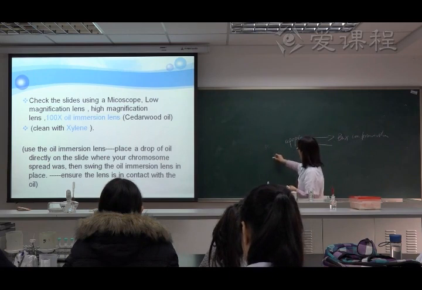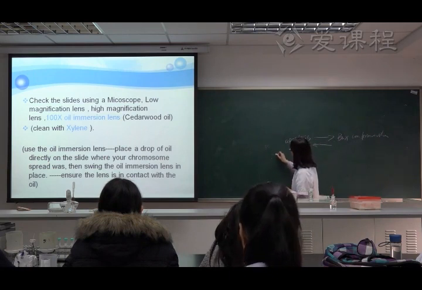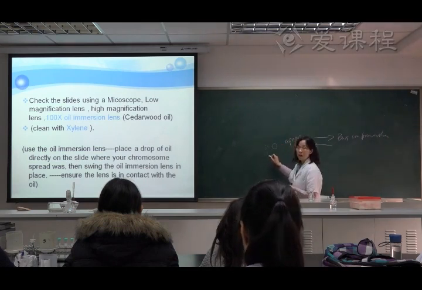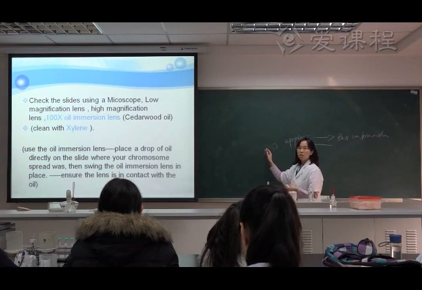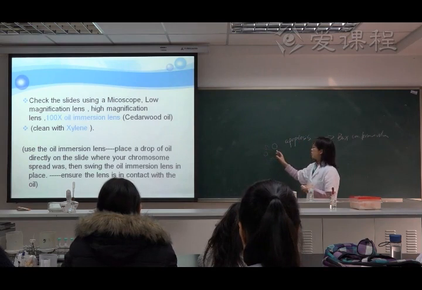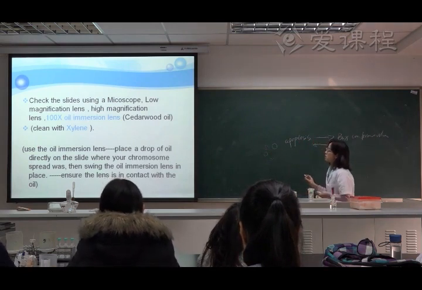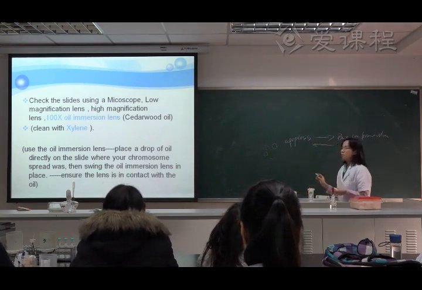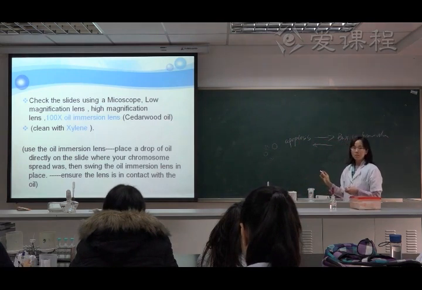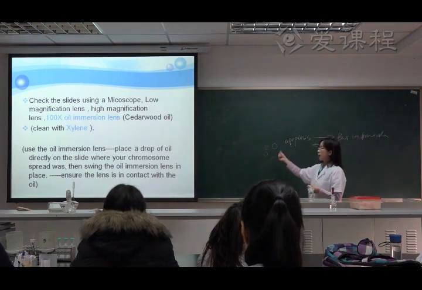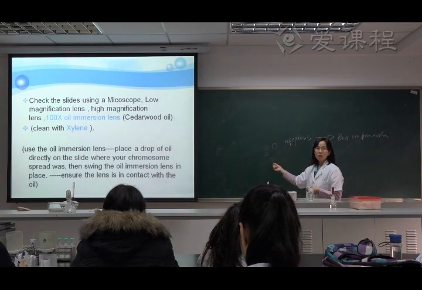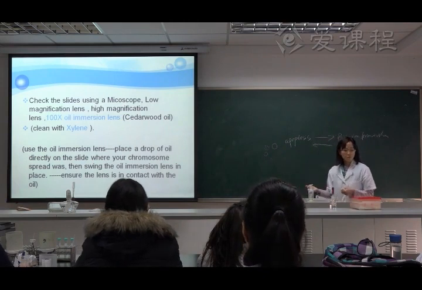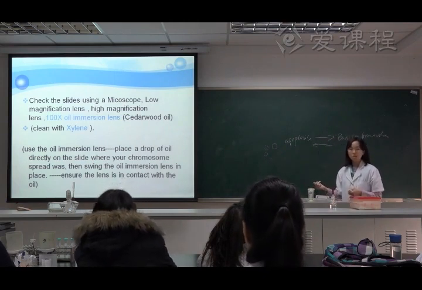Maybe you can see some cells still there. If you observe this, we call it a chromosome spread. If you see this, change the lens to the high magnification lens, and then you can observe. After that, you can change to the oil immersion lens.